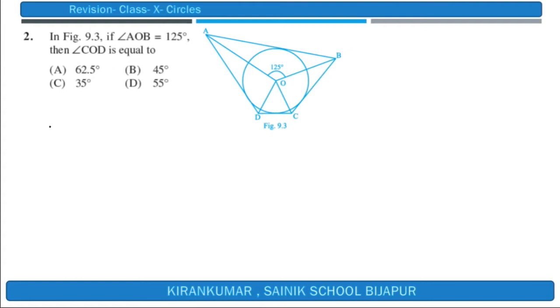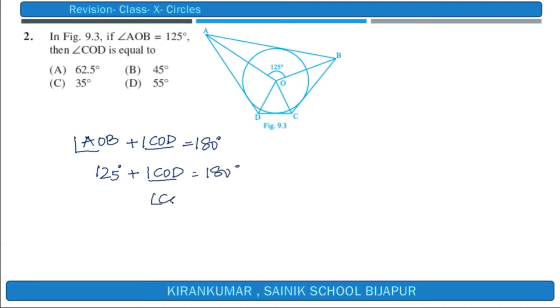So angle AOB plus angle COD will be equal to 180 degrees. So 125 degrees plus angle COD equals 180 degrees. Angle COD will become equal to 55 degrees. Hence the right answer is option D.